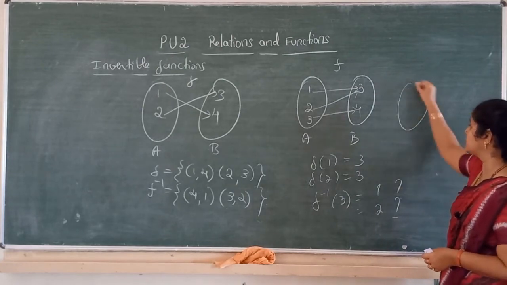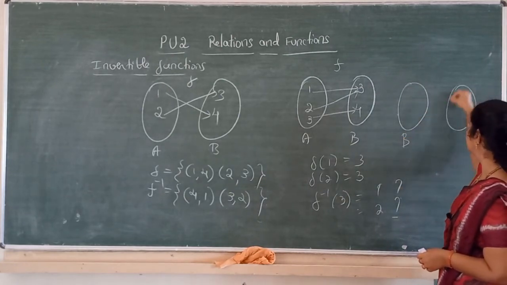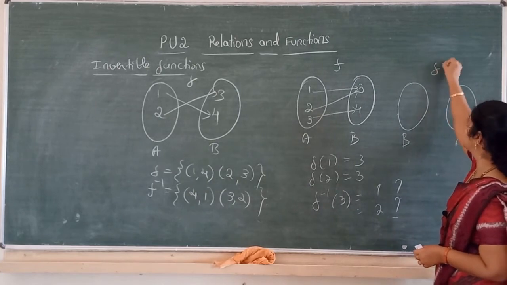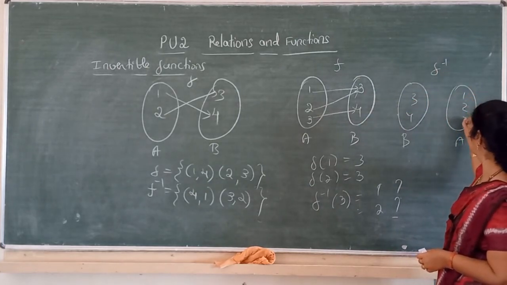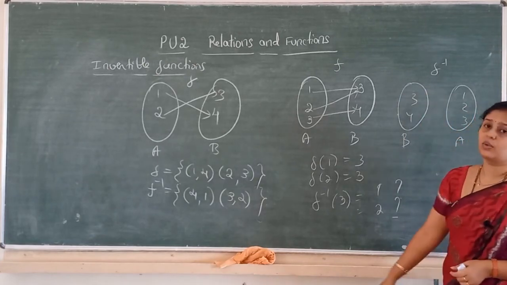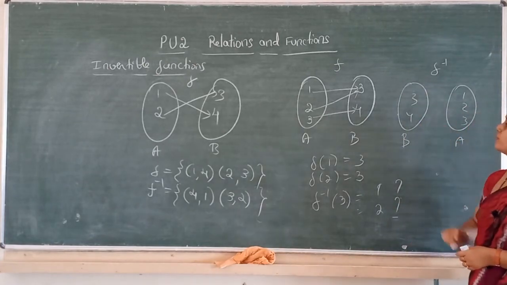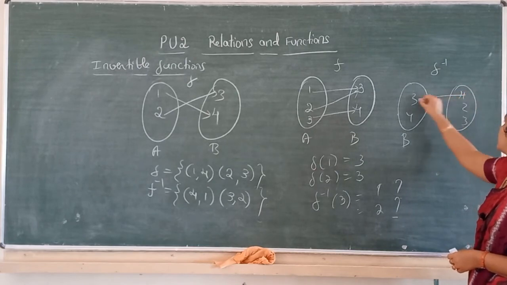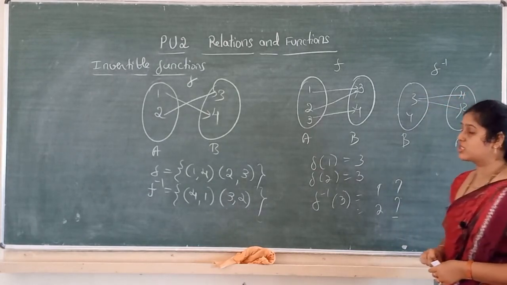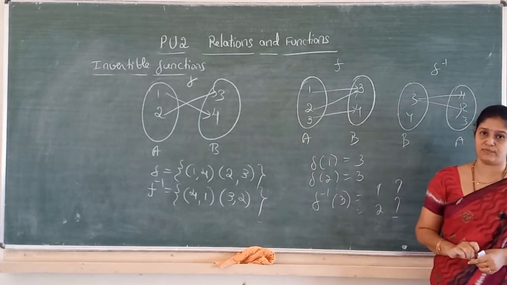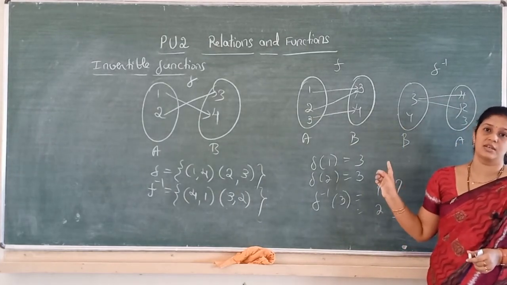To define f inverse, I have to write B first, then A. So f inverse doesn't exist, right? It is not possible because f inverse must also be a function, just as f is.